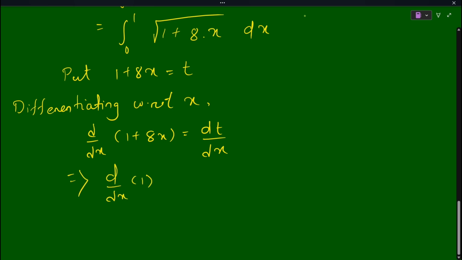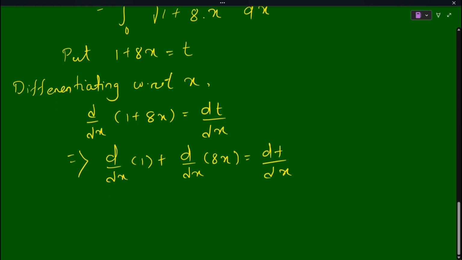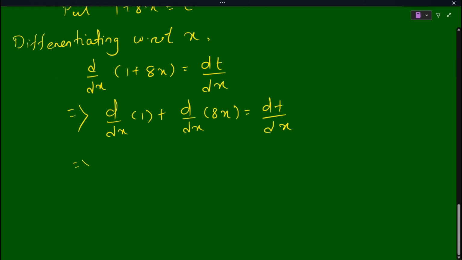Now, what is this value? d by dx of 1 plus d by dx of 8x is equal to dt by dx. The derivative of 1 with respect to x, it is a constant, so this value is 0. Now, 8x is in the form of cx, where c is a constant, and c value is 8 here.